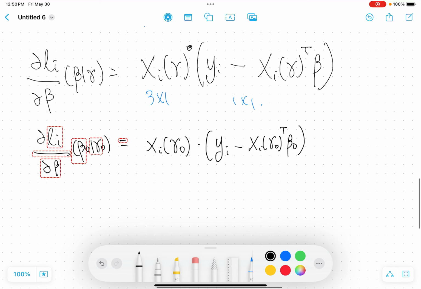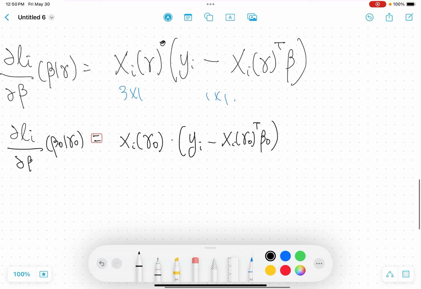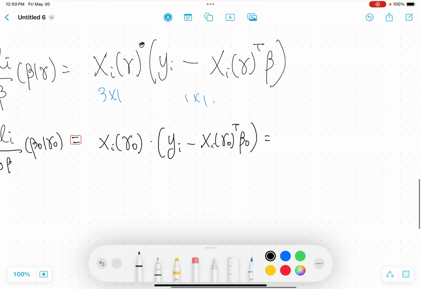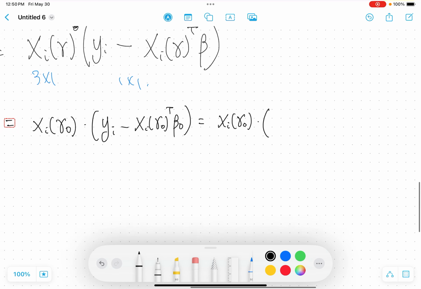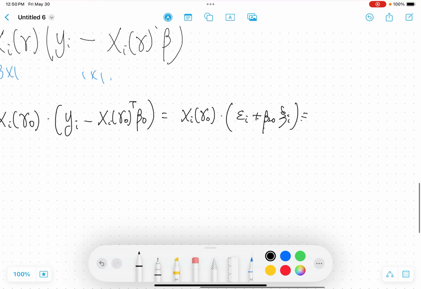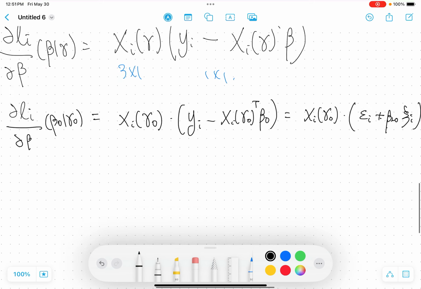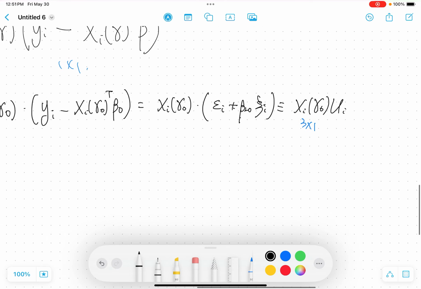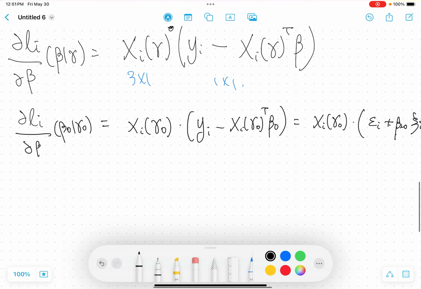I just replaced gamma and beta with their true values, and it is xi gamma 0 times epsilon plus beta 2 0 psi i, which we denoted as ui, right? It is a 3 by 1 vector. So pretty simple, right? We get a derivative.